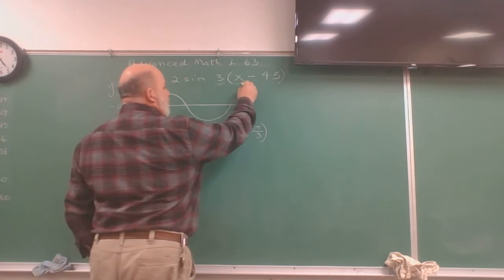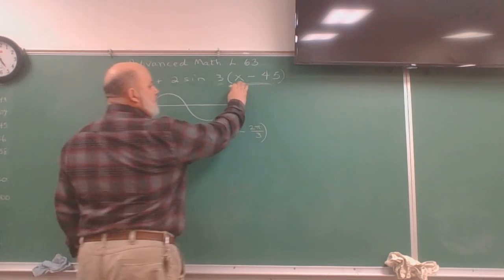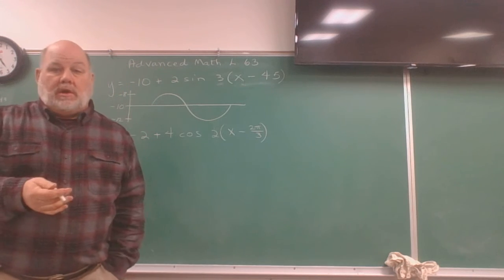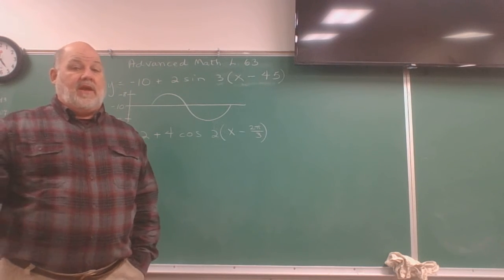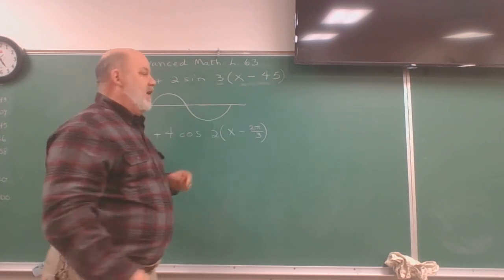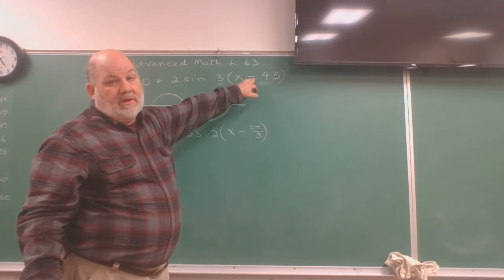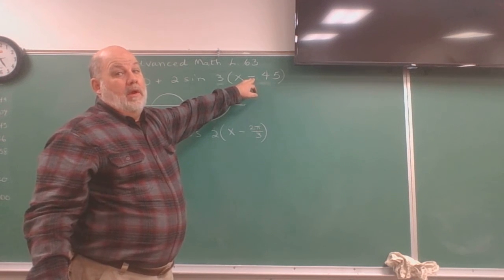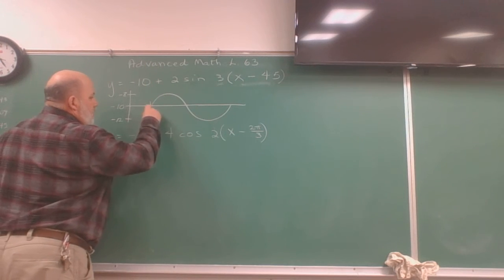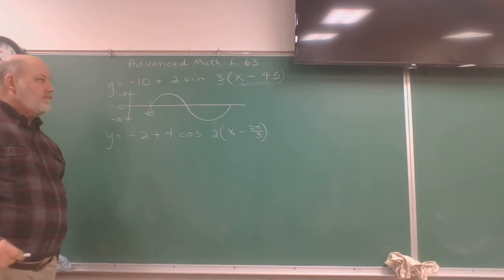This x minus 45 is called my phase angle or phase shift. That tells me that my sinusoid started at positive 45 degrees. Not negative 45 degrees, but positive 45 degrees. It's always opposite that. Had this been x plus 45, we would be starting at negative 45. So right here, that's 45 degrees.